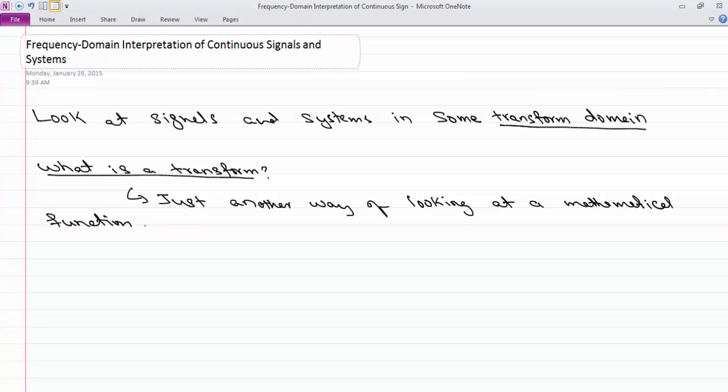The function could be the impulse response, the function could be an input, the function could be an output. Right?